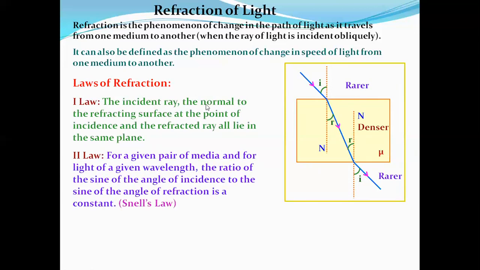First, the incident ray, the normal to the refracting surface at the point of incidence, and the refracted ray all lie in the same plane. Second, for a given pair of media and light of a given wavelength, the ratio of the sine of the angle of incidence to the sine of the angle of refraction is a constant, and that is called Snell's law. Snell's law: mu is equal to sine i by sine r.